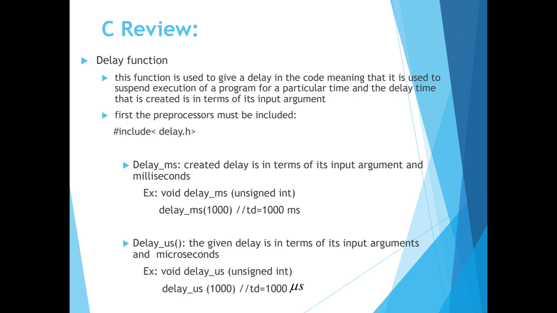Then we said that there is another standard library function, the delay function, which we didn't talk about in the previous session. We talked about user-defined functions and explained them in detail.